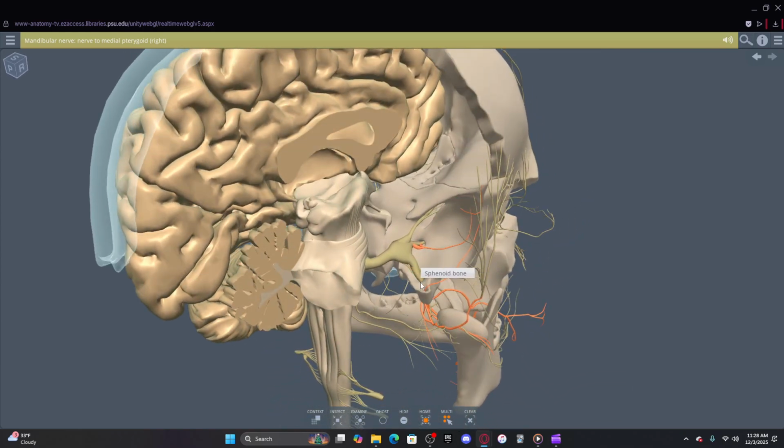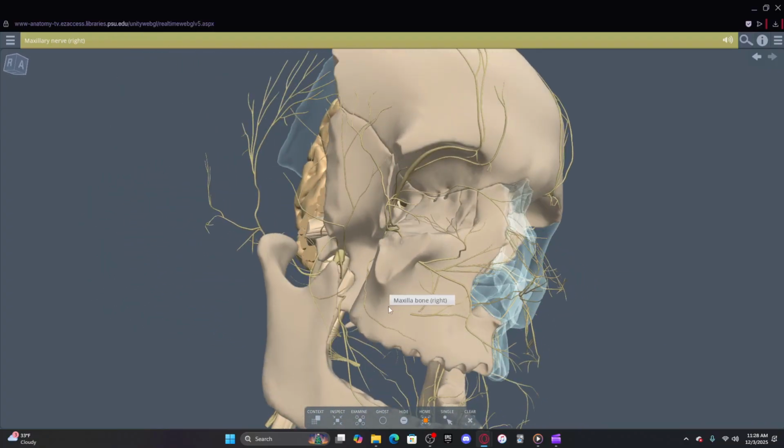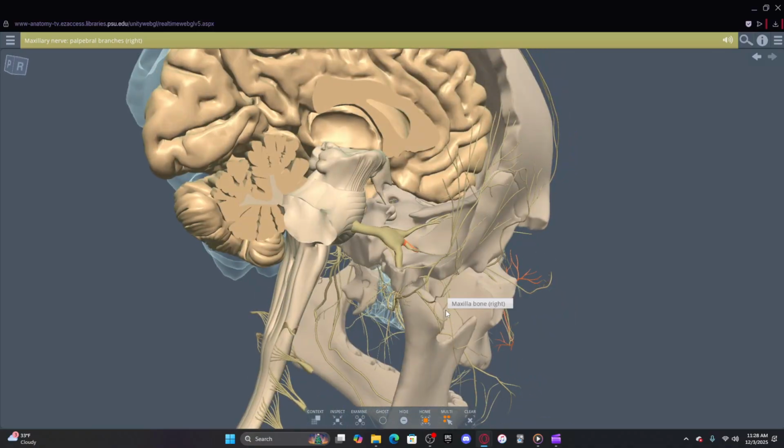We see the maxillary branch going through foramen rotundum and exiting out of the infraorbital foramen.